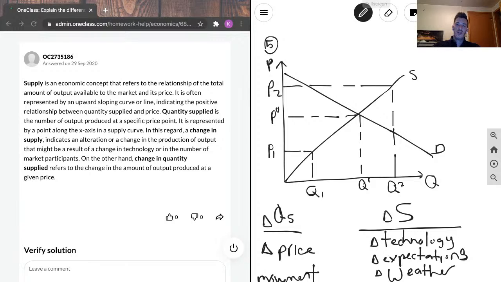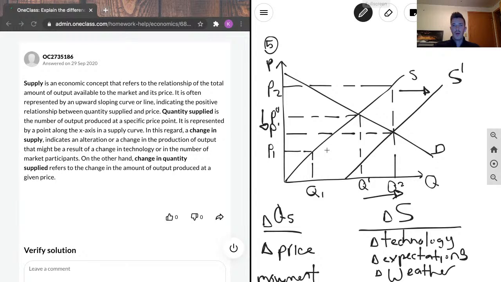So I've already showed you quantity supplied moving along the supply curve. But if supply were to increase, the supply curve would shift to the right. And assuming demand stayed the same, the price would go down from the original equilibrium price, and quantity would go up.